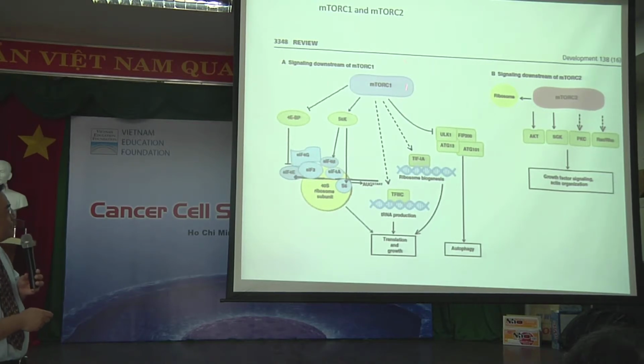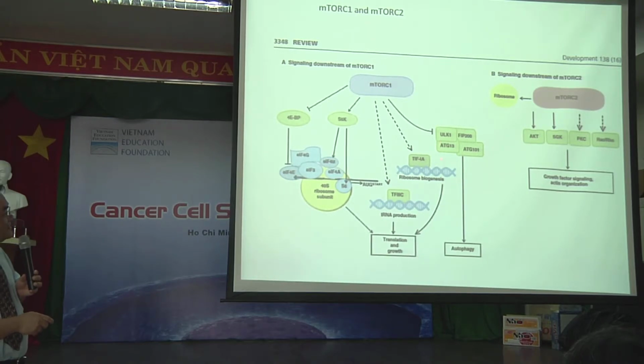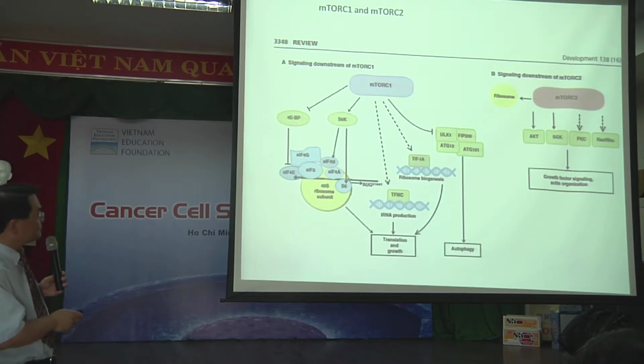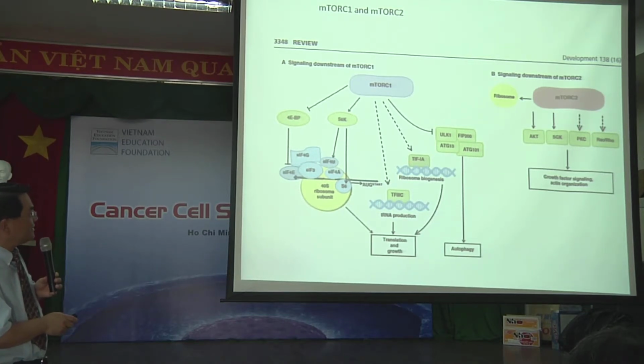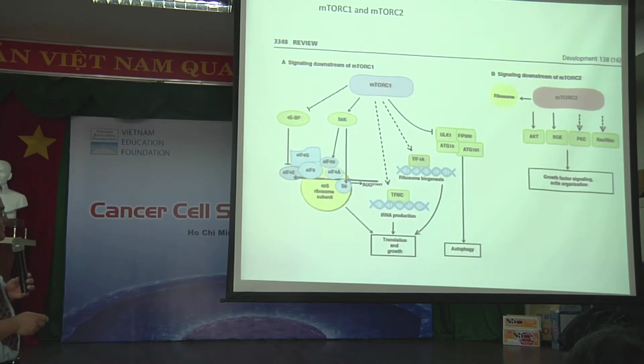Okay? We emphasize again, mTORC1 has the capability to regulate autophagy because of its capability to regulate the ATG complex here. Okay? mTORC1 will be able to activate HIF1 alpha. Involving ribosome, this is TIF1A, not HIF1, but it also has the capability to regulate HIF1 alpha expression. Okay?